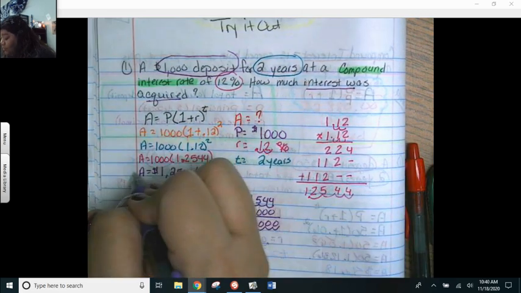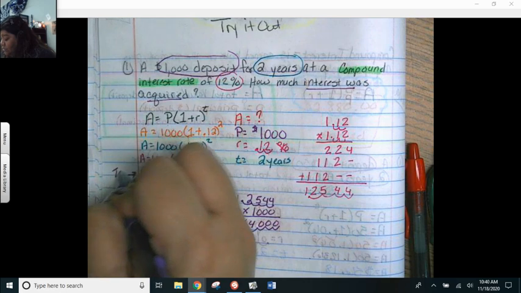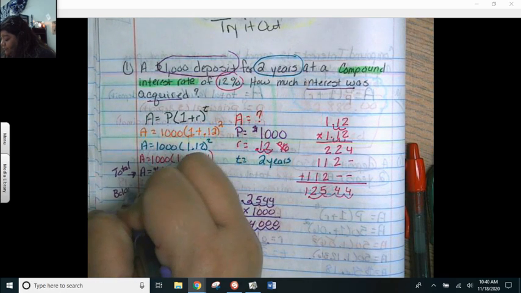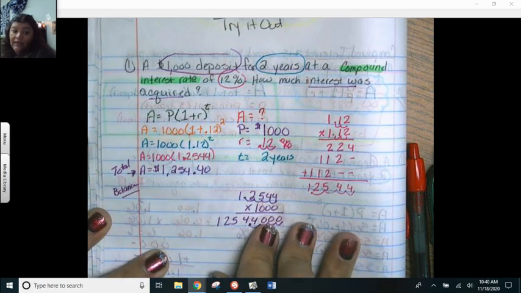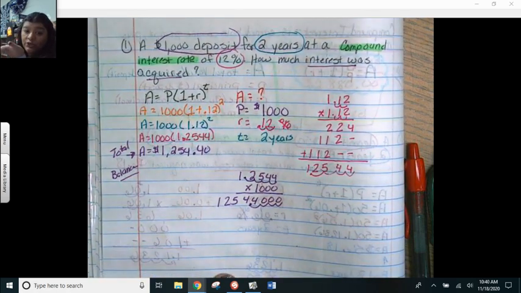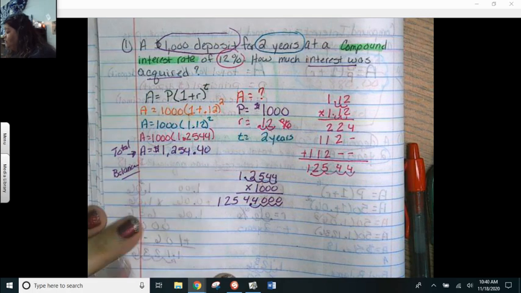Okay, so you remember this is the total balance. That's not the interest, okay? That's the interest plus the principal. So if you got to $1,254.40, you're good, but you need one more step, okay? We need to find the interest.